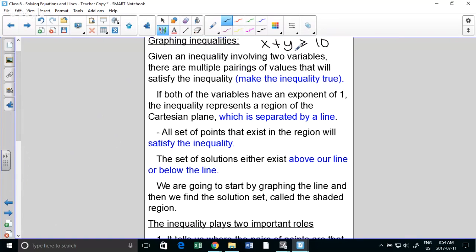Basically, we have a lot of different pairs of numbers that would satisfy the inequality. For instance, here we could have 10 and 20. I could have 50 and -6. I could do this all day because there are going to be a lot of different pairs that will satisfy this inequality.